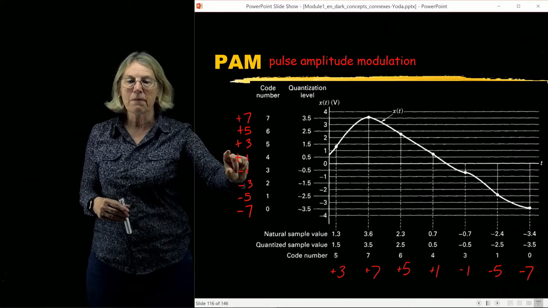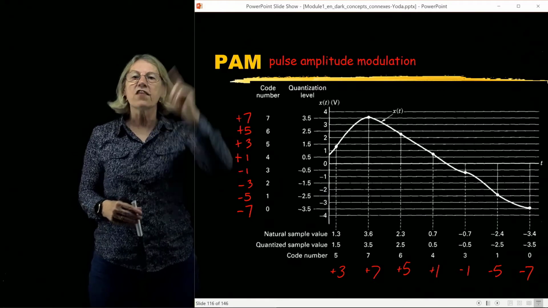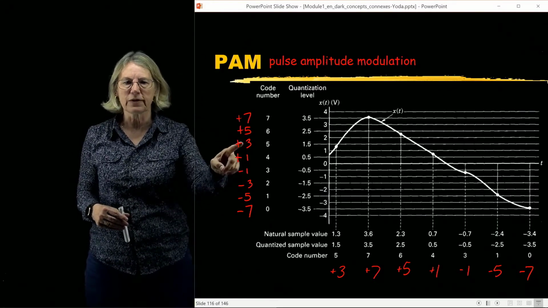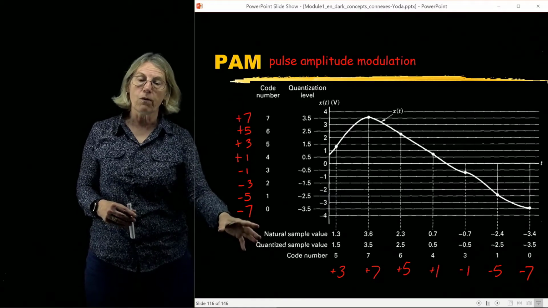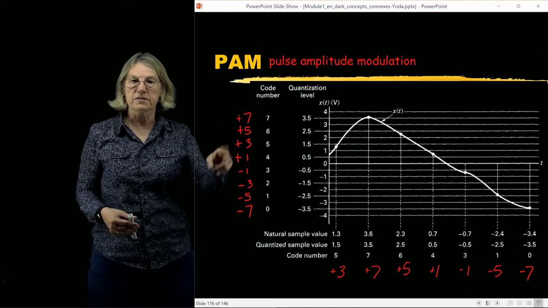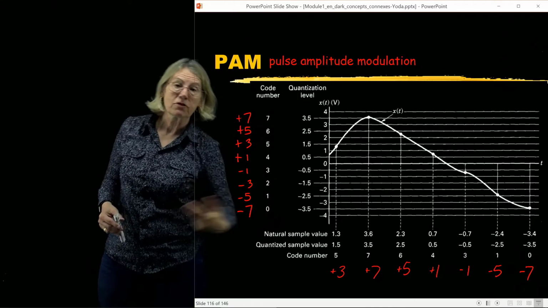And of course, plus and minus 1, the difference between those is 2. So if I wanted to get another level, and I wanted it to have the same distance apart, I would take 1 plus 2 and get 3, minus 1 minus 2 get minus 3, and proceed in that way until I get amplitudes plus and minus 1, plus and minus 3, plus and minus 5, plus and minus 7, until I get enough to cover the number of codes I have.